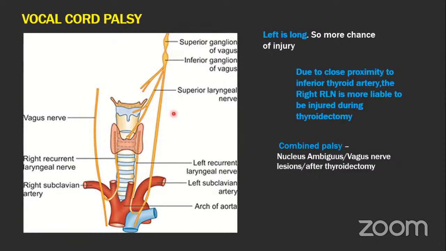First, it is posterior to the side wall, then it is medial to the internal carotid artery, then it divides at the level of greater cornu of hyoid bone. This is hyoid bone, lesser cornu, and greater cornu. So at the level of greater cornu of hyoid bone, it divides into an internal laryngeal nerve and an external laryngeal nerve.